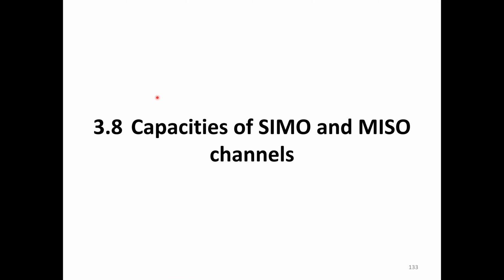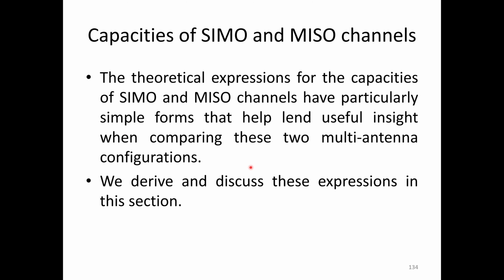Next let us go to section 3.8, capacities of SIMO and MISO channels. The theoretical expressions for the capacities of SIMO and MISO channels have particularly simple forms that help lend useful insight when comparing these two multi-antenna configurations.